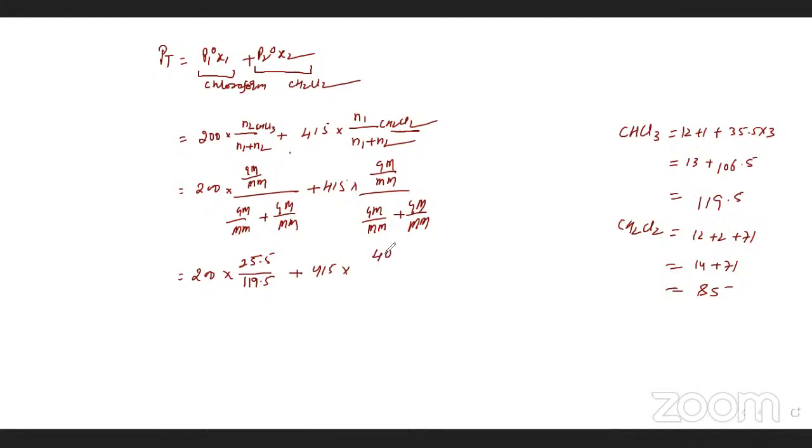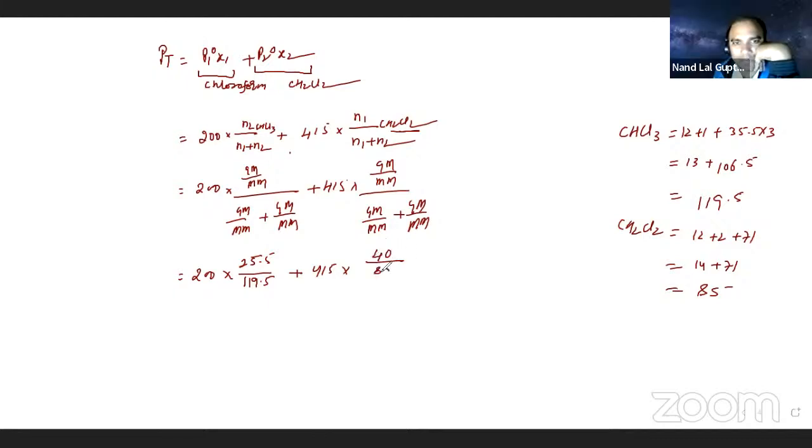So 40 upon 85, divided by 25.5 upon 119.5 plus 40 upon 85. You can solve separately also, there is no problem. I am doing it in a compiled way.